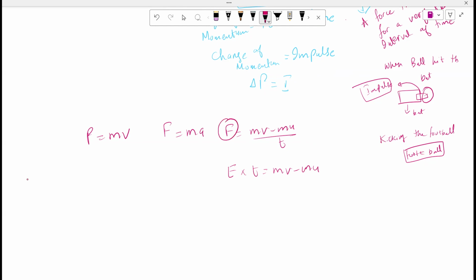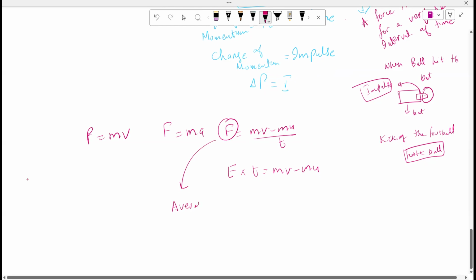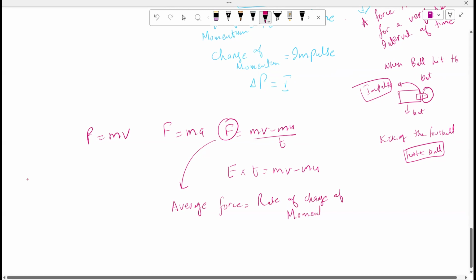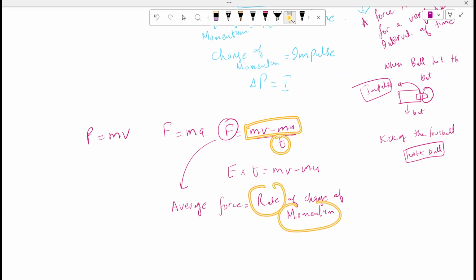This force that is equal to the rate of change of momentum is known as average force. Average force is equal to the rate of change of momentum, that is, change of momentum divided by time.